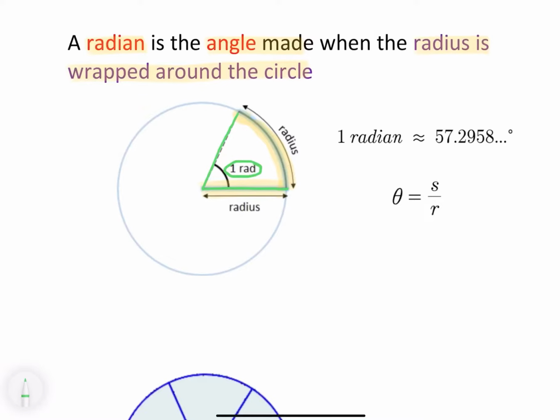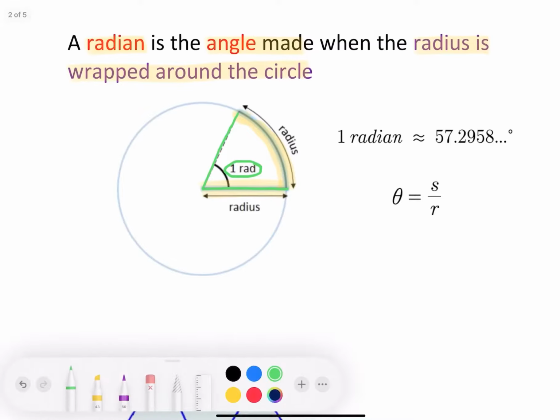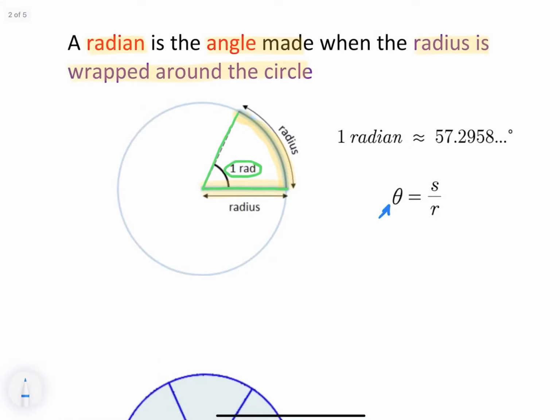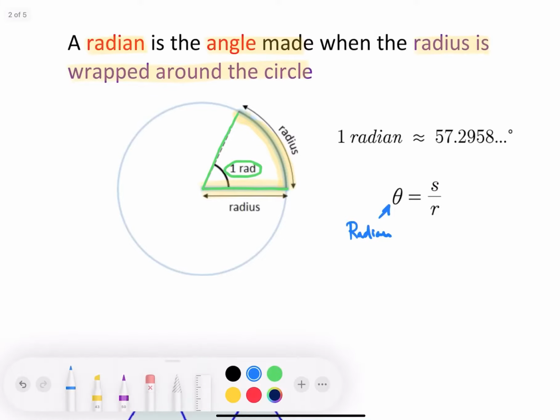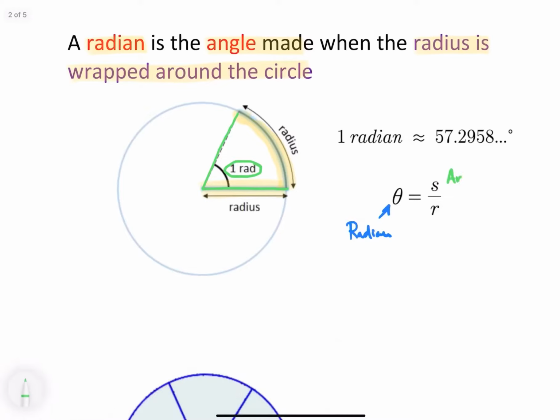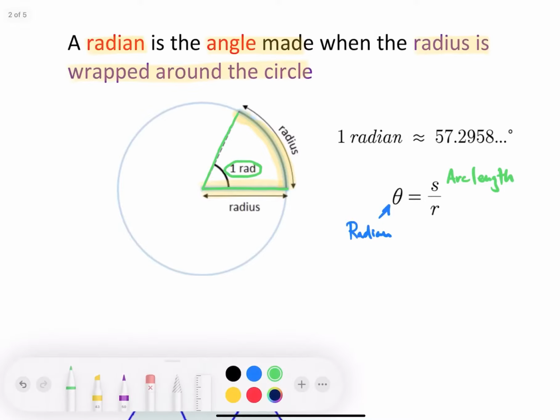And we can use the radians to calculate measurements. Now, the radian is often used with this symbol right over here, and this is going to be the theta symbol. Okay, so there's our radian. Now, this formula has the S and the R, and the S represents the arc length, and the R represents our radius.